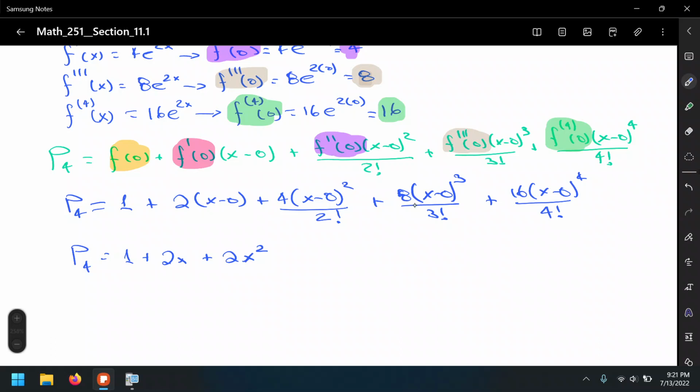And then 8 over 3 factorial, which is 6, that's 8 over 6, which reduces to 4/3 x cubed, and 16 over 4 factorial, but 4 factorial, I believe, is 4 times 3 is 12 times 2, that's 24, 16 over 24, which reduces to 2/3 x cubed, oh no, x to the 4th.